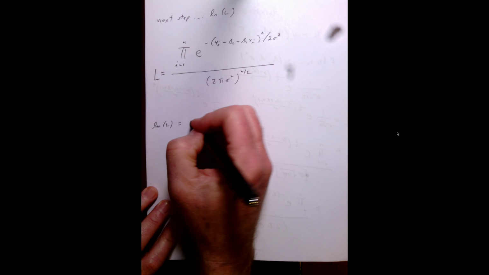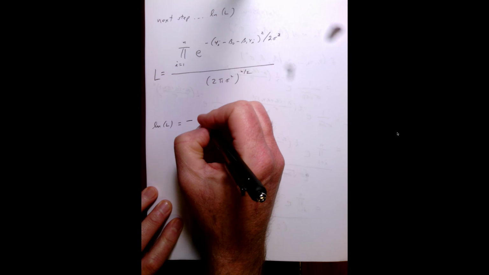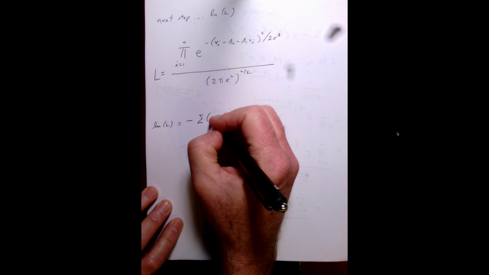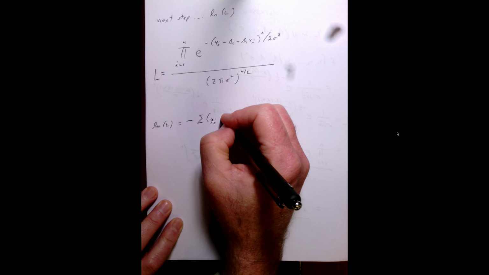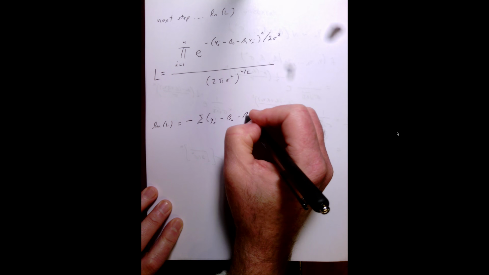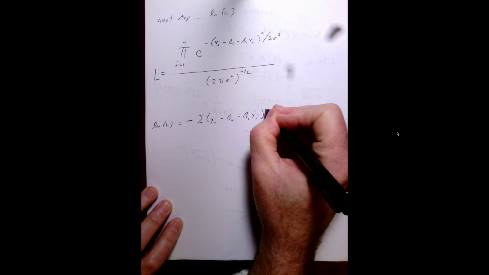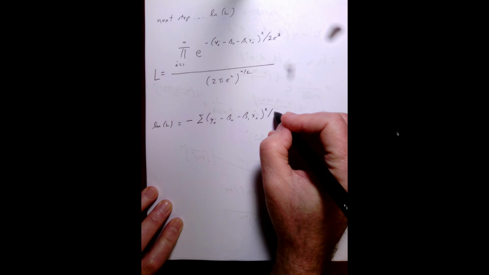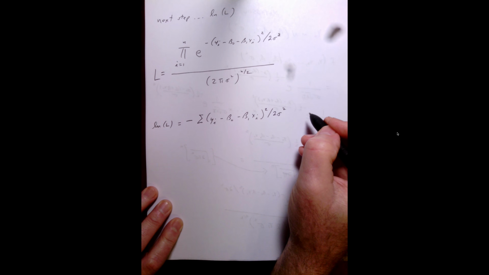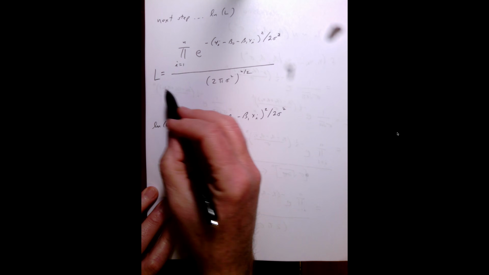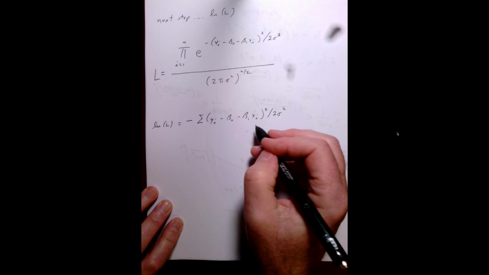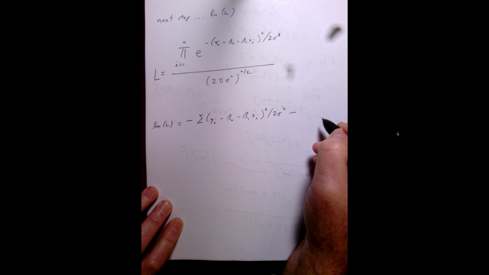So we have minus the sum of our y sub i's over 2 sigma squared. And then we take the natural log of a product, obviously we subtract.